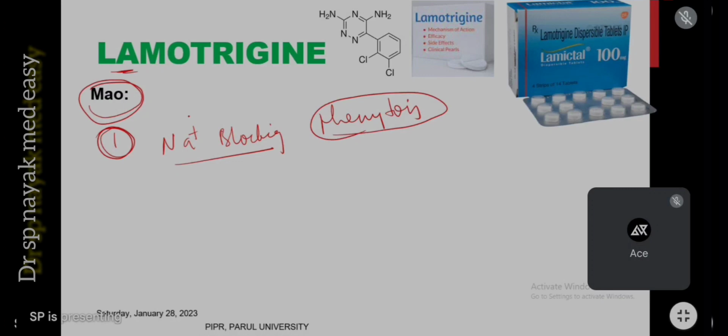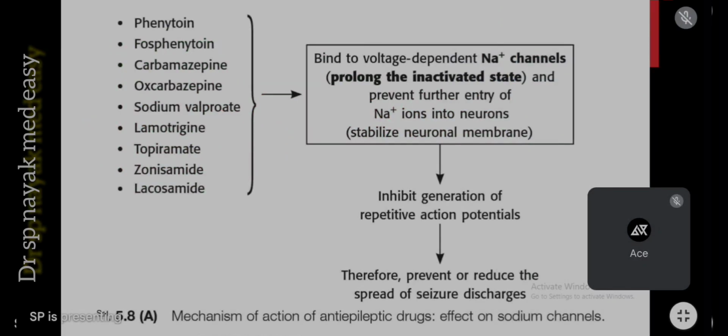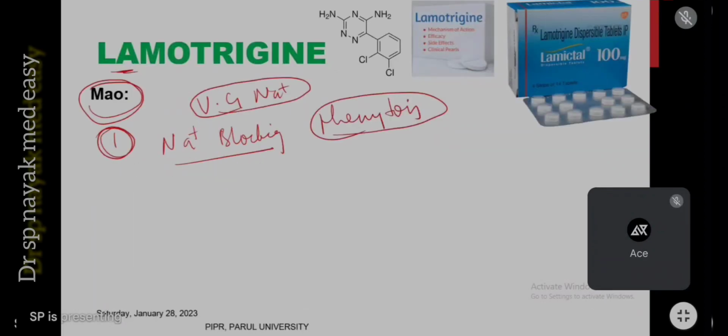Sodium blocking means they delay the activation of the voltage gated sodium channel. As I told you already, phenytoin, fosphenytoin, carbamazepine, oxcarbazepine, sodium valproate, Lamotrigine, Topiramate, Zonisamide, Lacosamide, all these drugs prolong the inactivation of voltage gated sodium channels. So the first mechanism is that it blocks the entry of sodium.